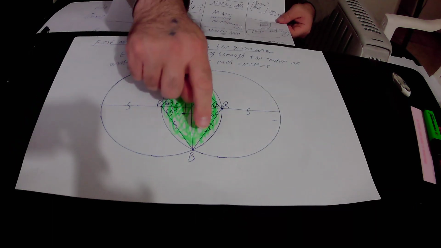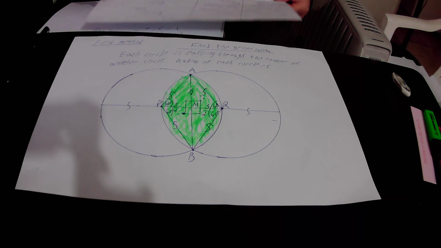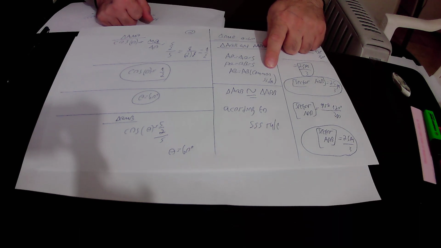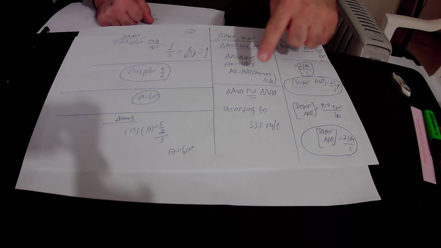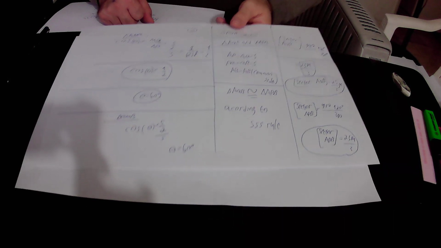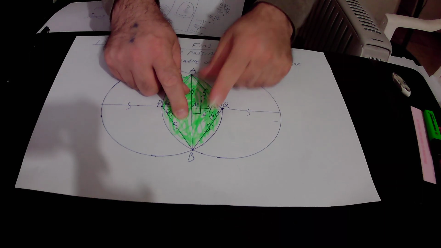And AB is a common side, it belongs to both triangles, so AB equals AB. Therefore, we actually proved that triangle AQB can go into triangle APB according to the side rule. Okay? So those two triangles can go into each other.